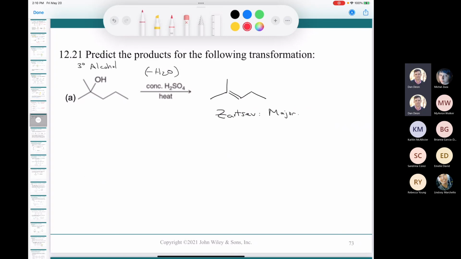But we're also going to get some of this product, which would be the minor product. And this would be the Hofmann, which is the minor product. And there you go. And both of these are going to occur via an E1 mechanism. So we have E1 for both of those.